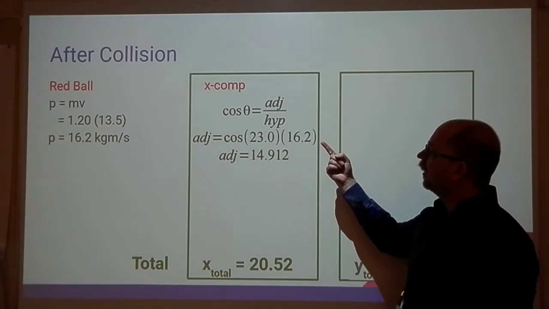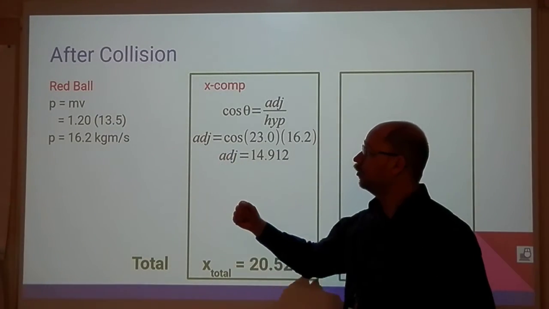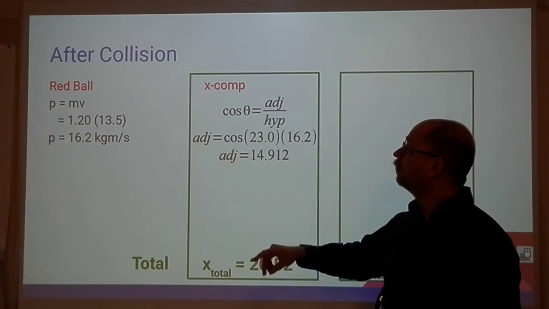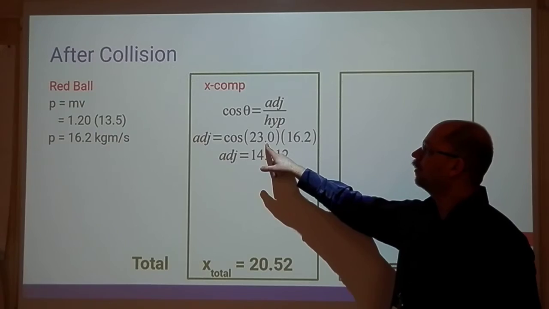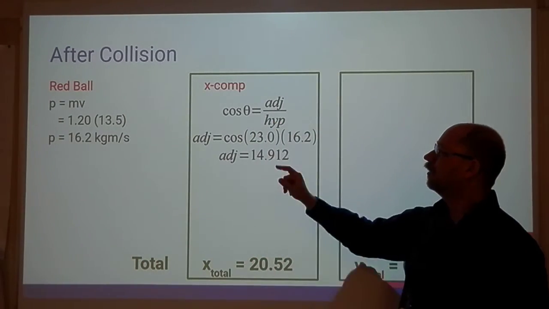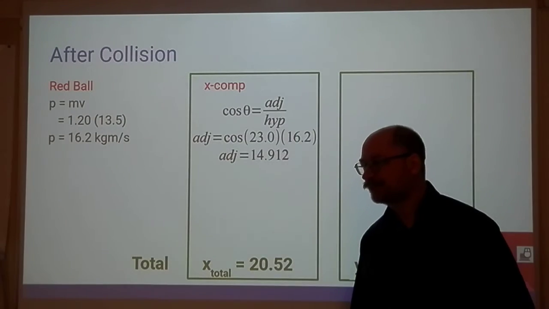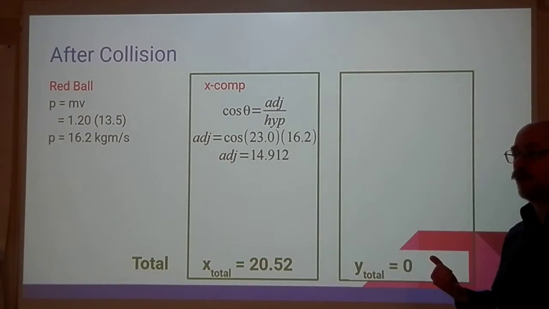So I have to manipulate my formula to solve for the adjacent side, which is the x component. The cosine of 23 degrees times the hypotenuse gives me, again, an unrounded number, 14.912.